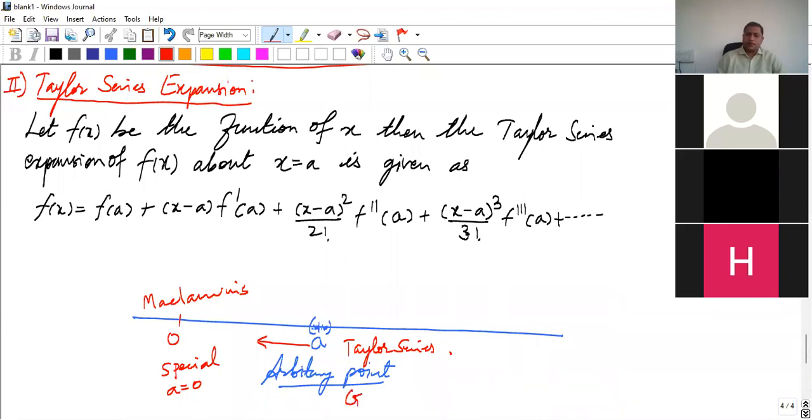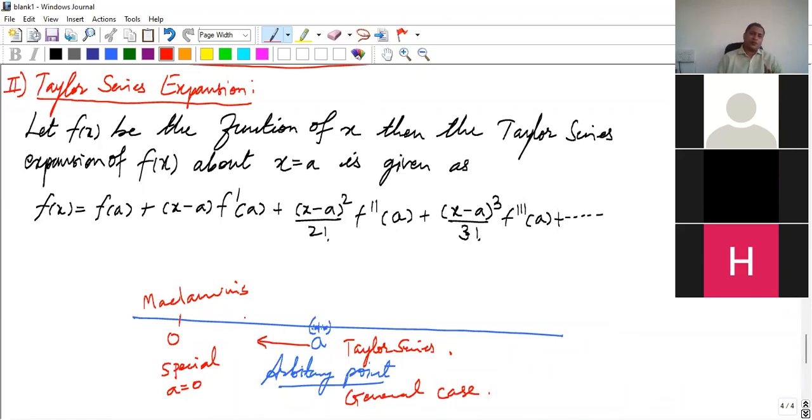And this is nothing but the general case. So a can be anything. a can be 1, a can be 2, a can be anything. But when I set a equal to 0, then I will have only one choice, the origin, and hence it is going to be the Maclaurin series.